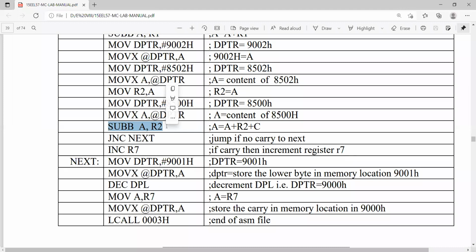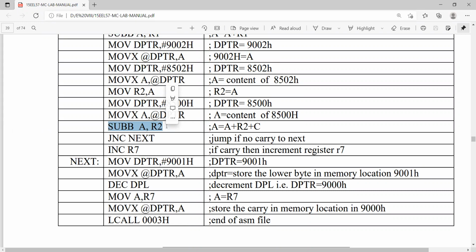Without considering the carry condition, first you can add the lower bytes, or without considering the borrow, you can subtract the lower bytes. But while adding or subtracting the higher bytes, you must consider the condition of the borrow. That is a very, very important aspect in the 16-bit addition or subtraction.